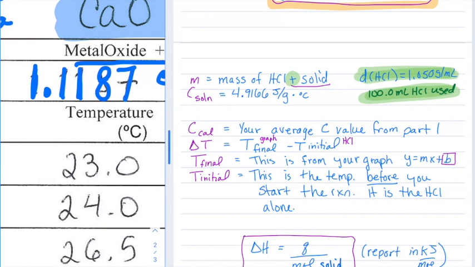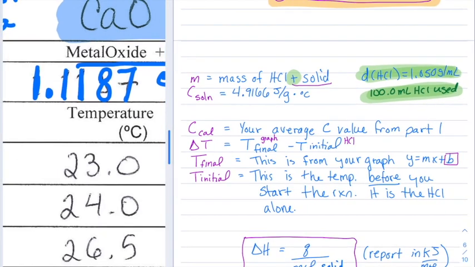All right, so C for the calorimeter should be your average value from part 1. Normally, I don't let you go on to part 2 calculations until you've shown me your average value for C, because sometimes experimentally we have some problems. Just to let you know, your C should definitely be a positive value. Normally our C values are between 20 and 80.